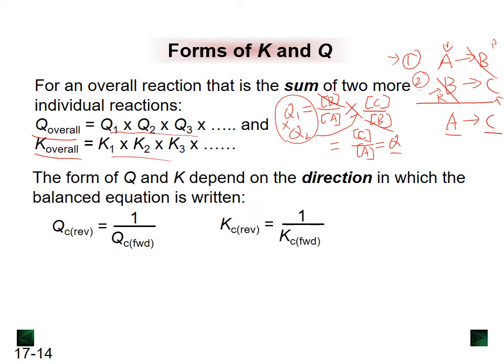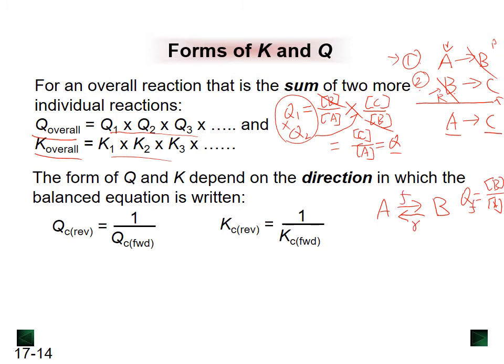Now, for a reaction A goes to B again, the reaction quotient is B divided by A. Now B also forms A, that's the reverse reaction. So if this is a forward reaction, this is a reverse reaction.